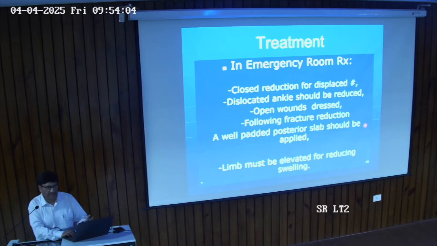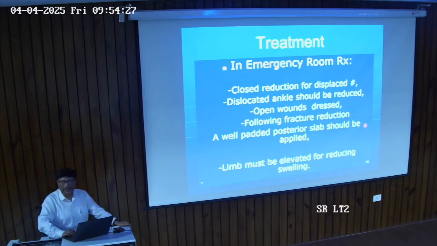If the talus is grossly displaced out of the ankle mortise, you can easily restore it. By restoring a dislocated bone, by reducing grossly displaced fractures, you reduce the swelling, and you apply a well-padded posterior slab and the limb is elevated till the swelling is reduced.